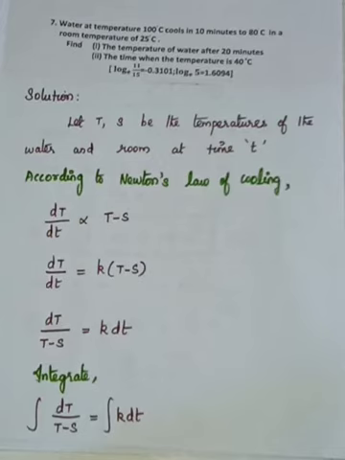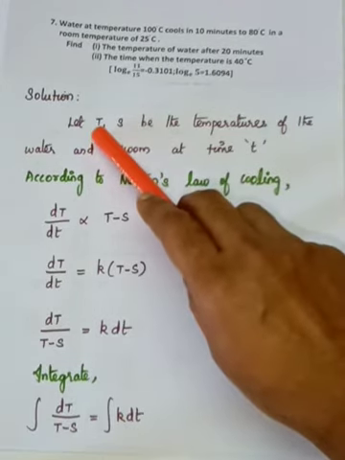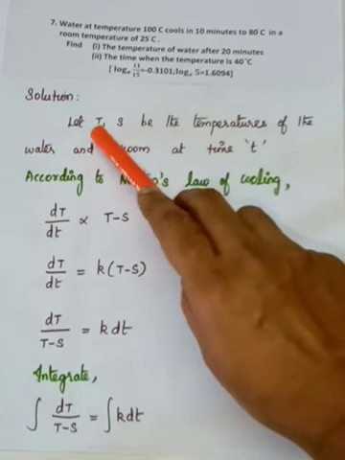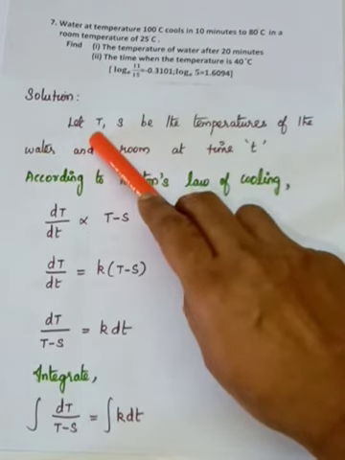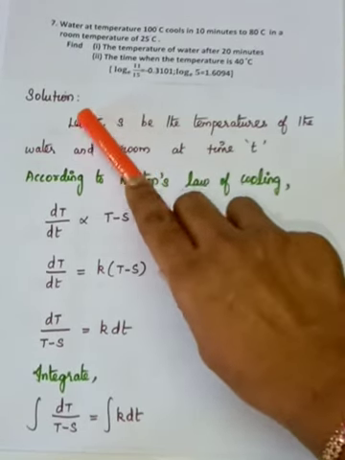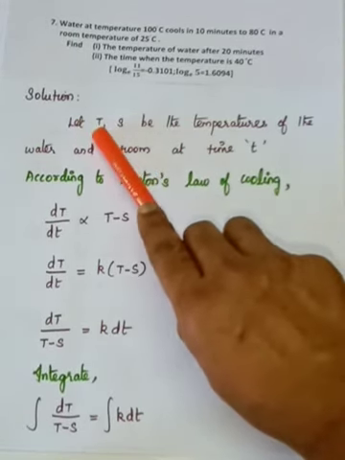What I have started, the rate of change of temperature of the body. So here, in the place of body, we are taking the water. So the rate of change of the temperature of the water is denoted as, what is it, capital T.